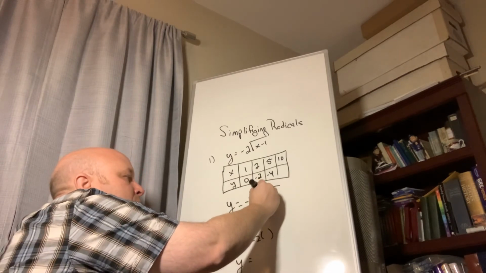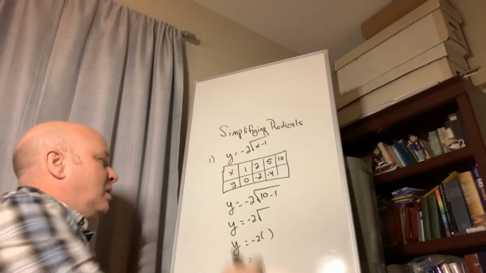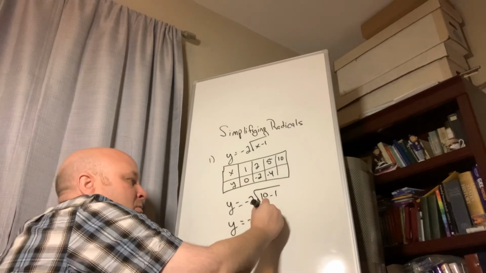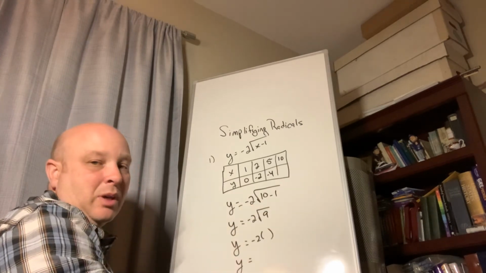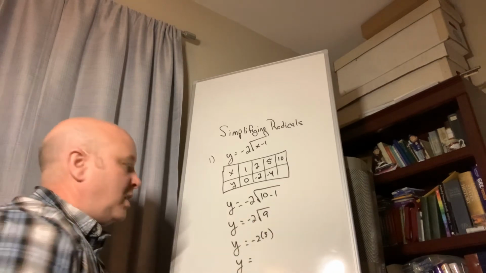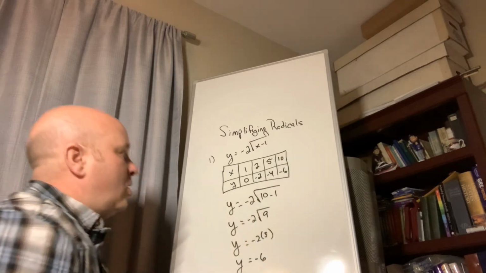What happens when x equals 10? Let's plug it in and see. y equals negative 2 times the square root of 10 minus 1. y equals negative 2 times the square root of 9. y equals negative 2 times 3. Negative 6. All right.